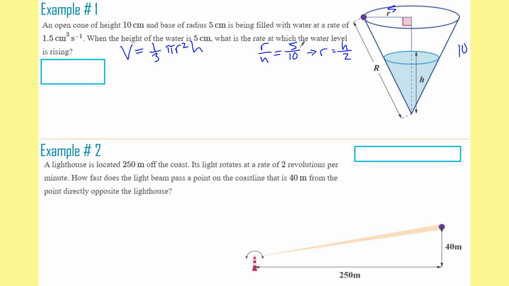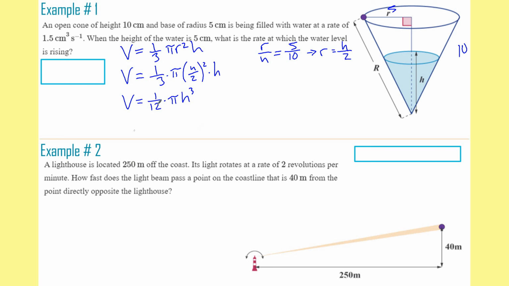Then the volume is 1/3 pi, replacing r with h over 2 squared, times the height. So the volume is going to be 1/12 times pi times h cubed.